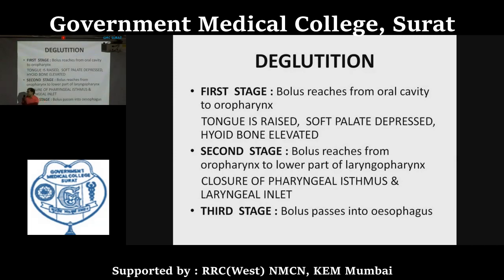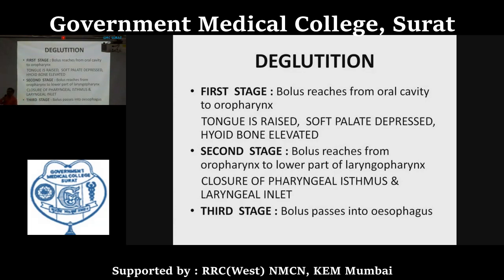Now, in the second stage, from the oropharynx, the bolus reaches the lower part of the laryngopharynx. That is the second stage. And when the bolus clears the pharyngoesophageal junction from the lower part of the laryngopharynx and enters the esophagus, the third stage completes.